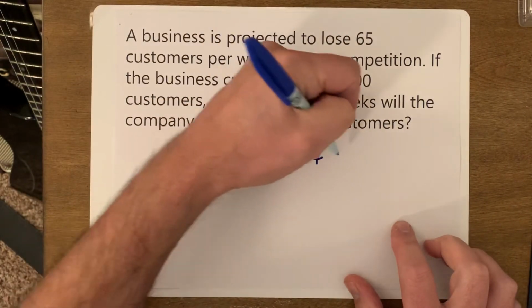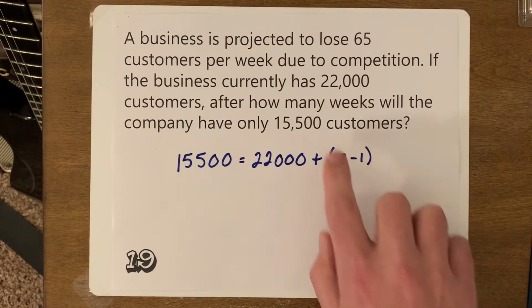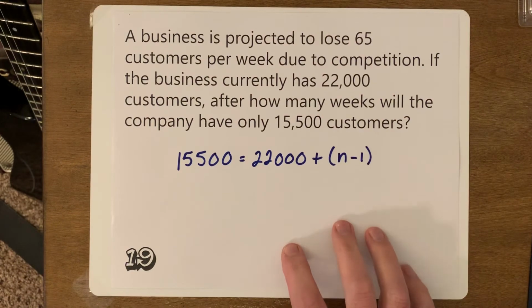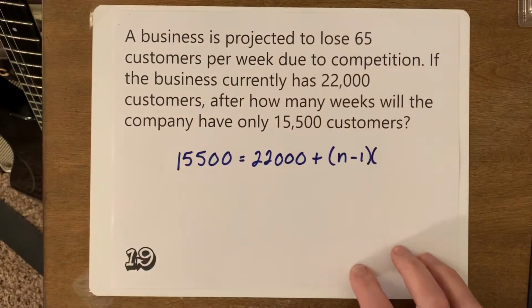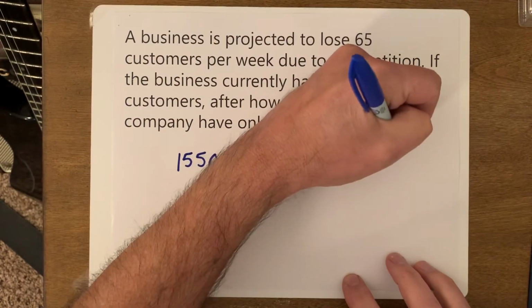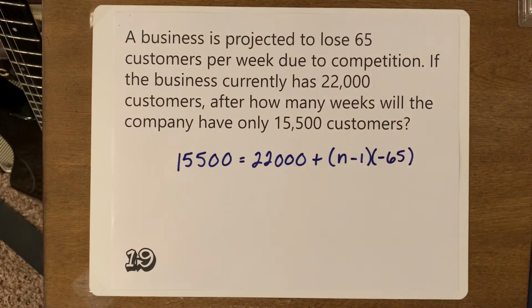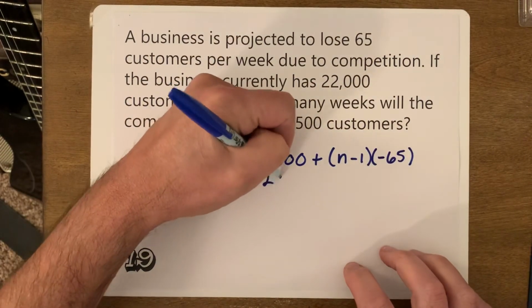Okay, plus n minus 1, because n now is representing the number of weeks, right? That's going to take to drop it all the way down from here to here, times my common difference, and I'm losing 65. So that would be a minus 65 right there. All right, so let's see what happens here. Let's go ahead and subtract 22,000 from both sides.